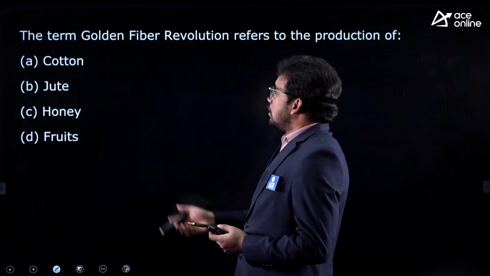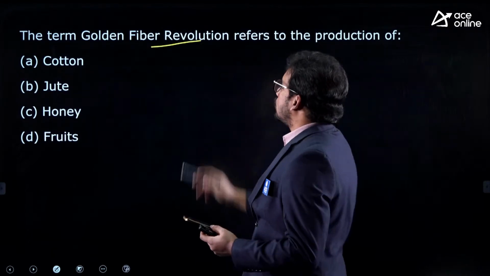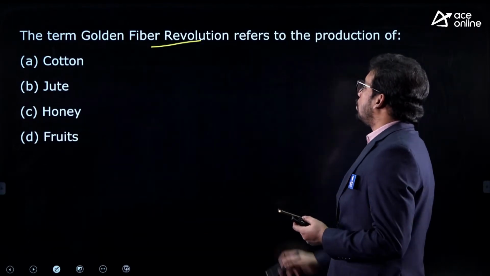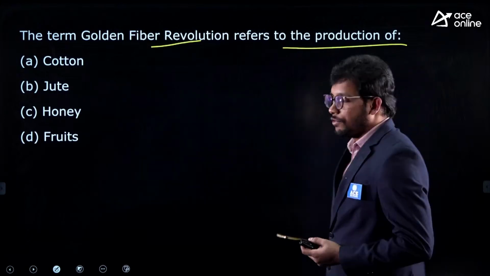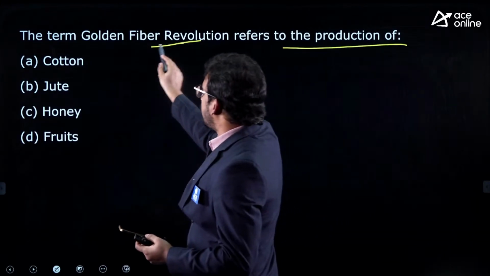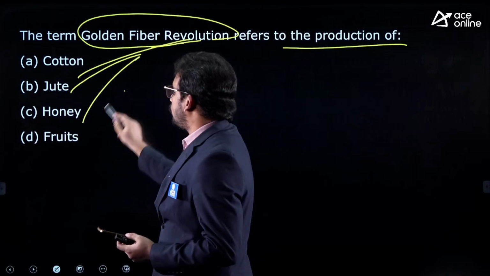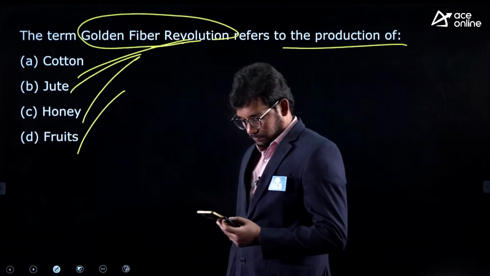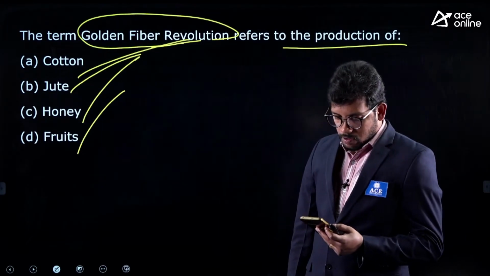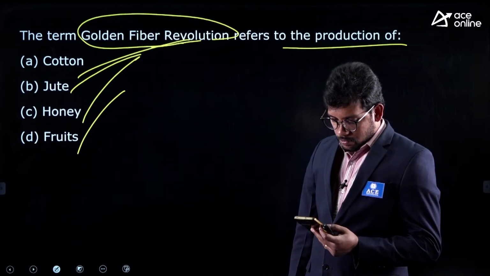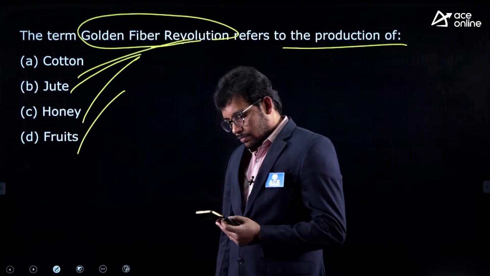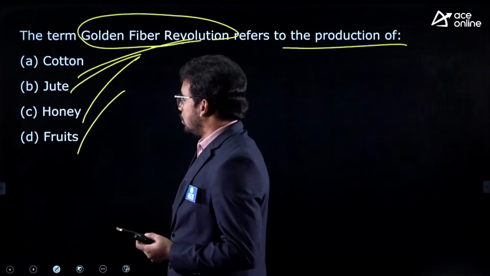Next, related to the revolutions, the term golden fiber revolution refers to production of cotton, jute, honey, fruits. Which one? Golden fiber revolution.